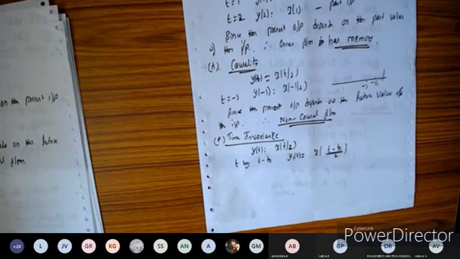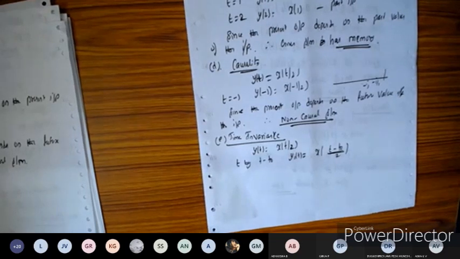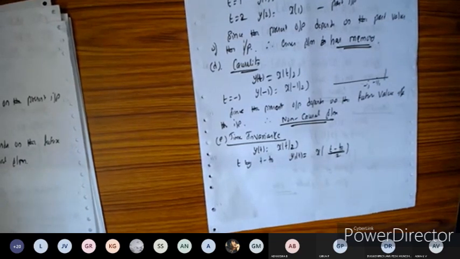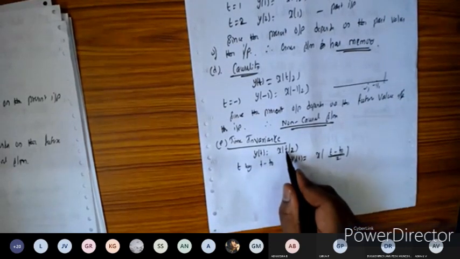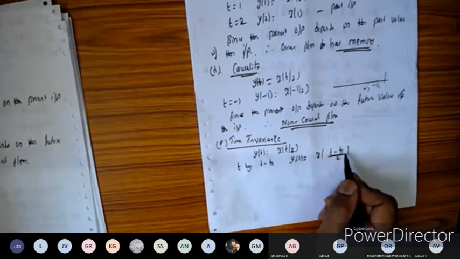Done. Now we are going to replace t by t minus t0 here. So it has become x of (t minus t0) by 2.